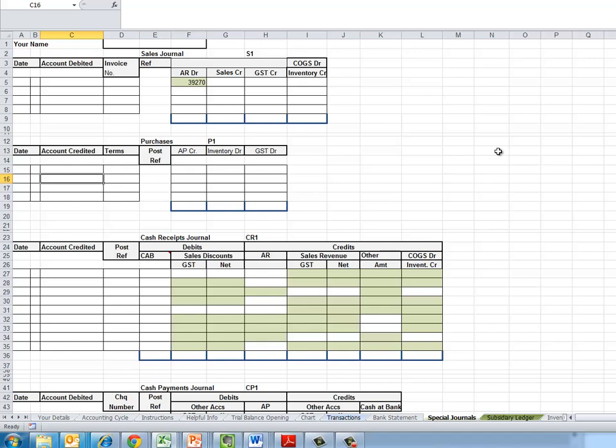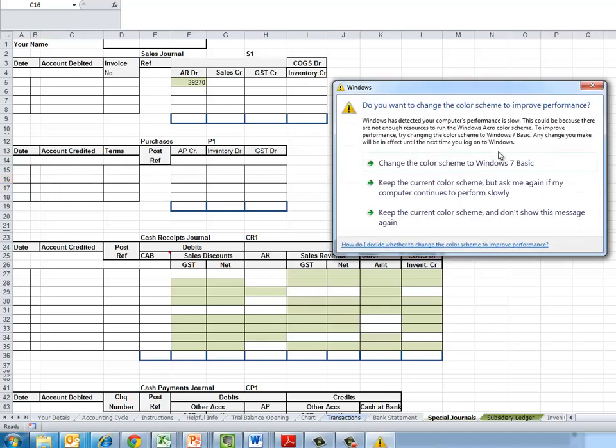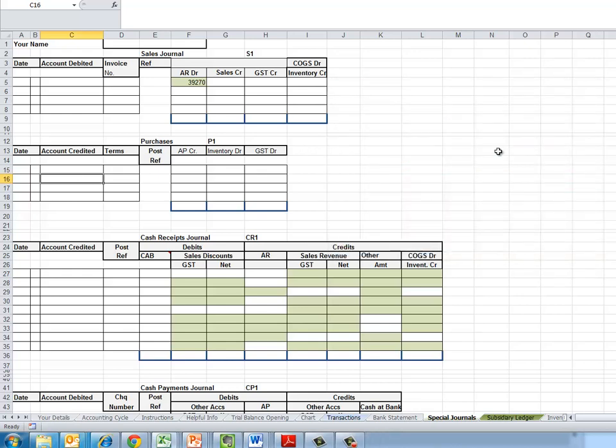The sales journal for credit sales, the purchases journal for purchases that we make on credit, the cash payments journal for when we pay cash for things, and cash is a wide term. It means really if money comes out of our bank account.